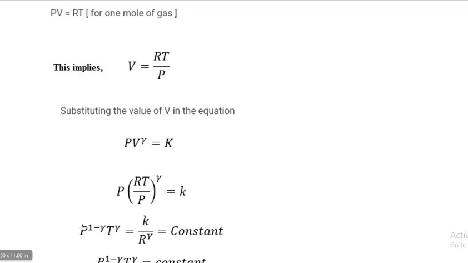So P power 1 minus gamma and T power gamma is equal to K divided by R power gamma. See, K is a constant. R is again a constant, the molar gas constant. So I brought R towards the other side. So K by R power gamma is equal to constant.